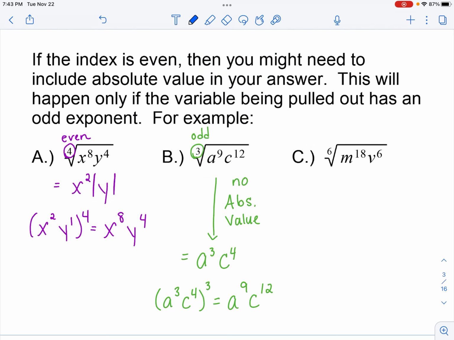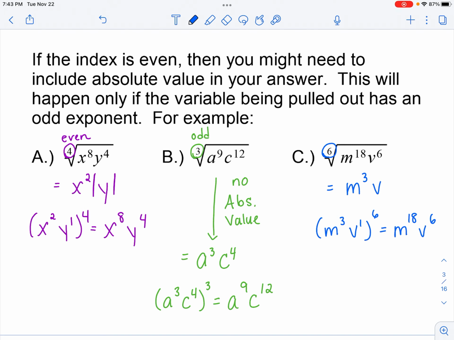And then for C, you guessed it, something to the 6th power equals m to the 18, v to the 6th. I'm going to do m to the third because 3 times 6 gives me 18, and v to the first because 1 times 6 gives me the 6. So this is equal to m cubed v, or v to the first.